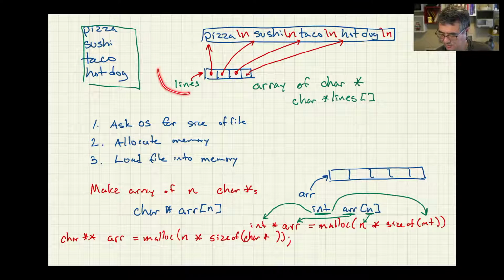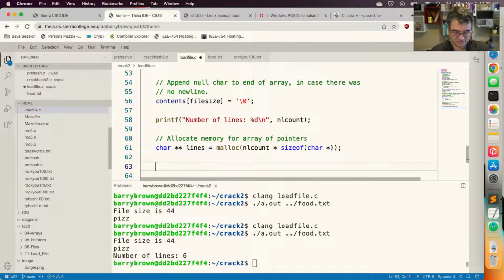Okay, so this is what we're aiming towards, but we don't quite have that yet. So now what we need to do is make one last pass through that array and find the beginnings of all those strings and assign them to each one of the elements of this array.